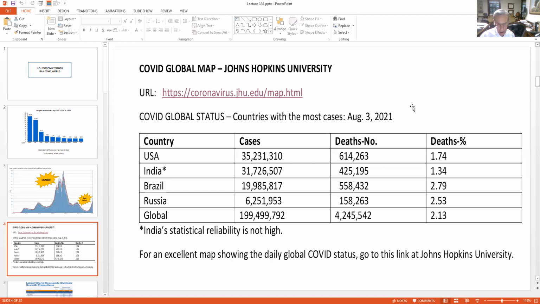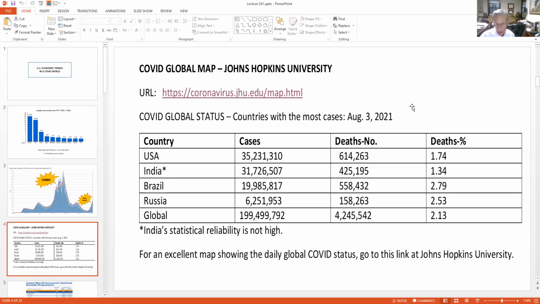Russia, you can see, drops down. And by the way, these countries are in order of the number of cases. So after the top three, the numbers drop down quite a bit. Now, one item that is not here is the European Union combined. If we had the European Union combined, it would be up here in the top 3 or 4 as well.